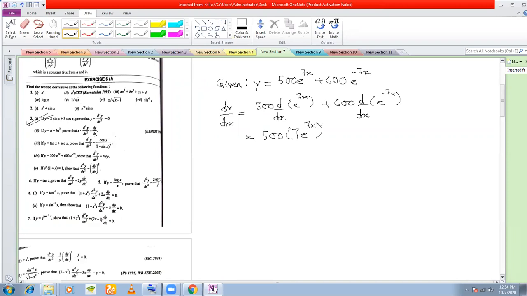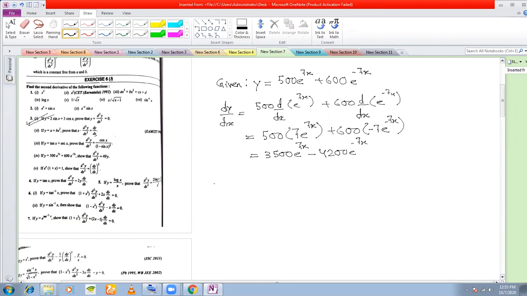Right? You remember differentiation? Minus 7 e to the power of minus 7x. So how much do you get here? 3500 e to the power of 7x minus 4200 e to the power of minus 7x.